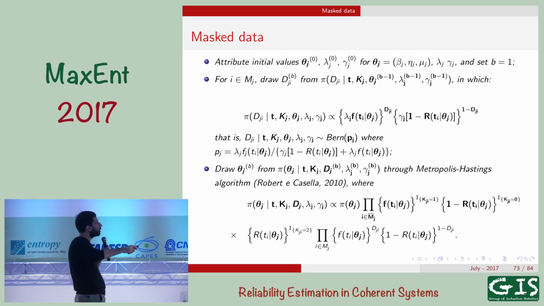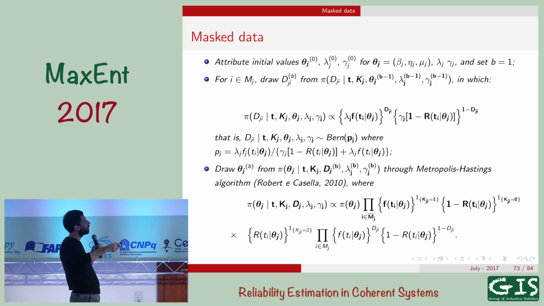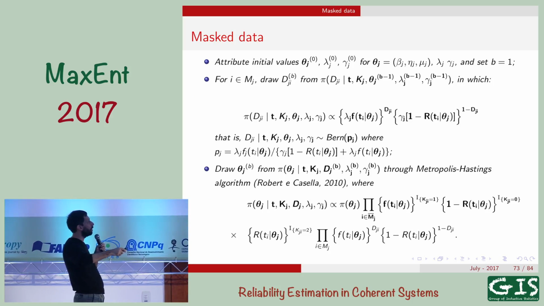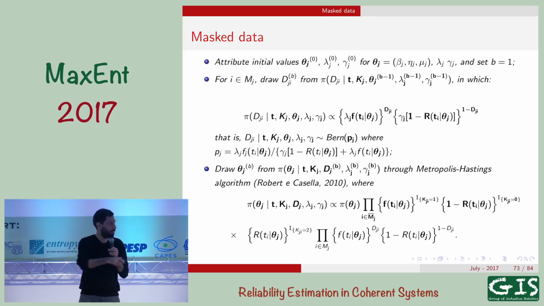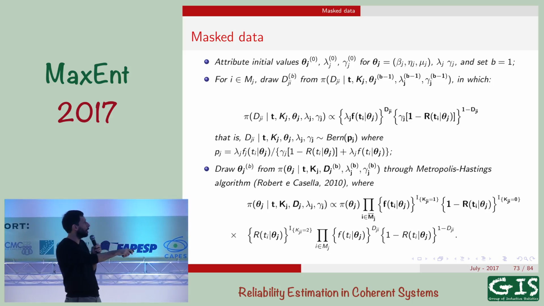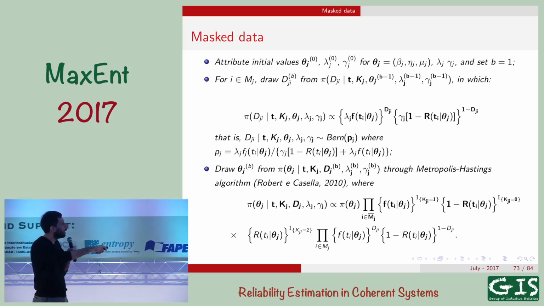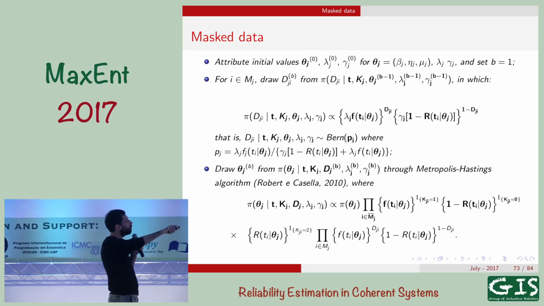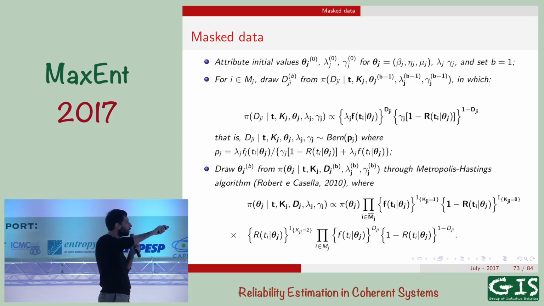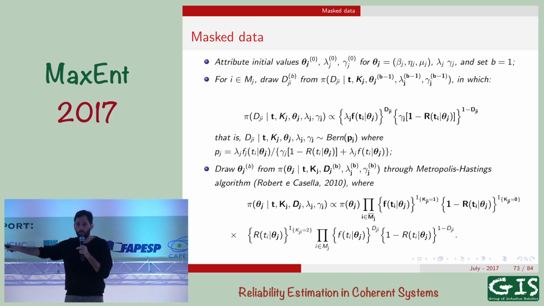And our algorithm, in a simple way, is that we generate the value of D. This value of D can be 0 or 1, failed or not, and this is just a Bernoulli random variable. We have all probabilities in conditional form. So for this latent variable, we have the full posterior.